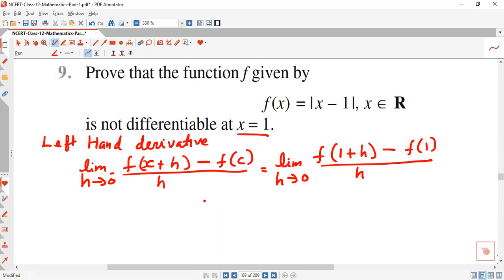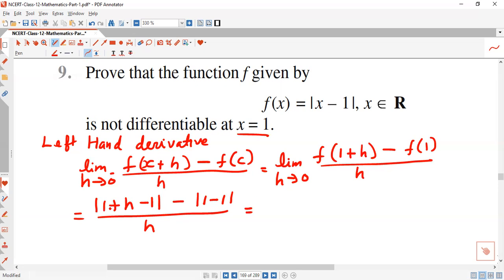Here h is tending to 0, no doubt. So what does the function come out to? f(1 + h) is the mod of 1 + h minus 1, which becomes the mod of h, minus f(1), which is the mod of 1 minus 1, divided by h.